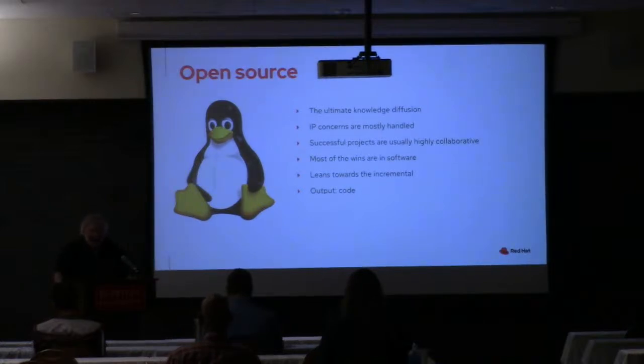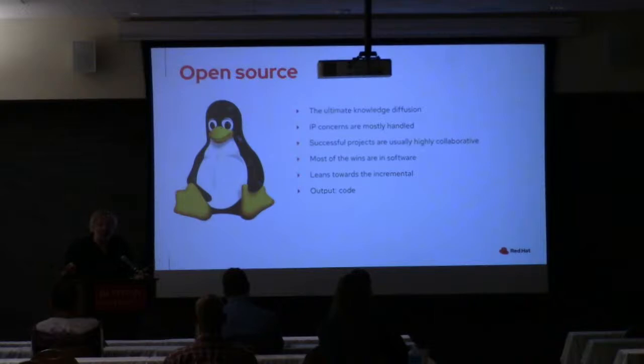But it is mostly handled. Successful open source projects are not just about viewing code; they're very collaborative. There certainly are single-person open source projects, but those aren't things like Linux and Kubernetes that are very well known.